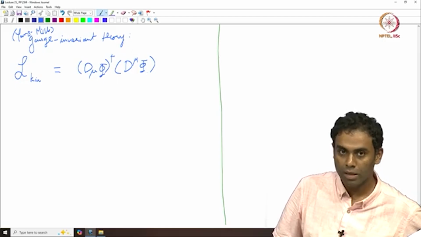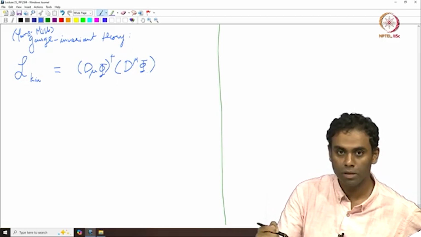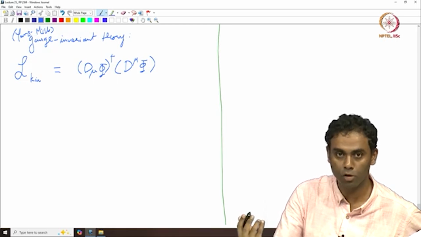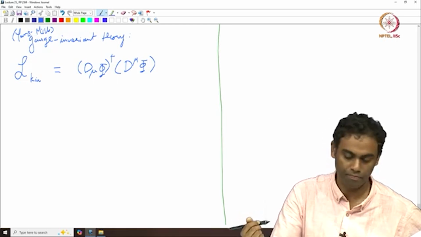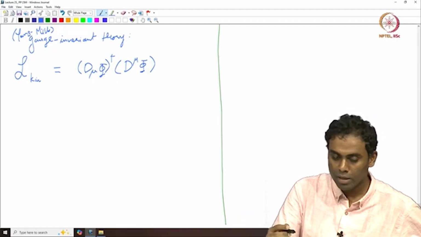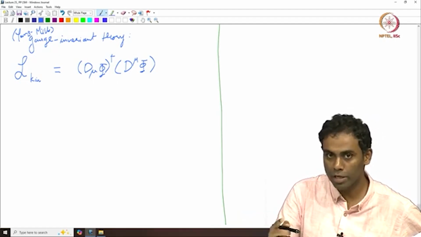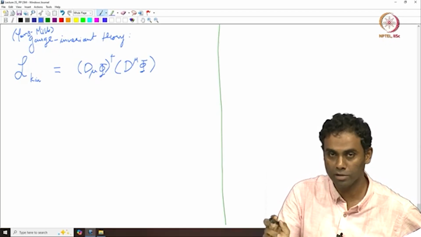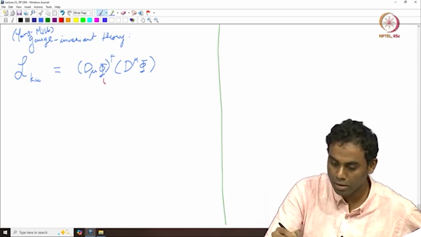Agreed? And naturally I have started using complex scalars, right, because we are talking about unitary groups already, unitary transformations. Now, you should remember that since we are talking about matrices, the phi field I have written down is also represented by a matrix. It is no longer just a complex scalar, so it is worth writing down.